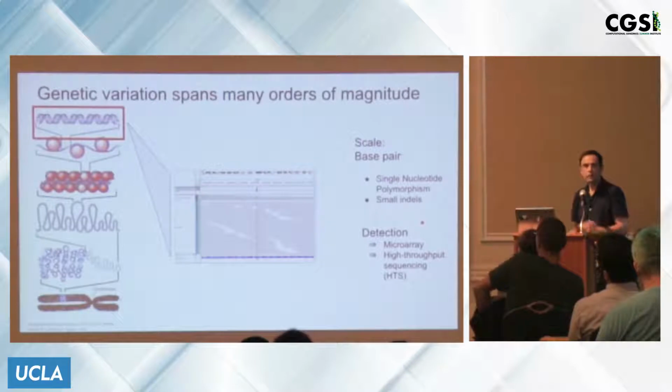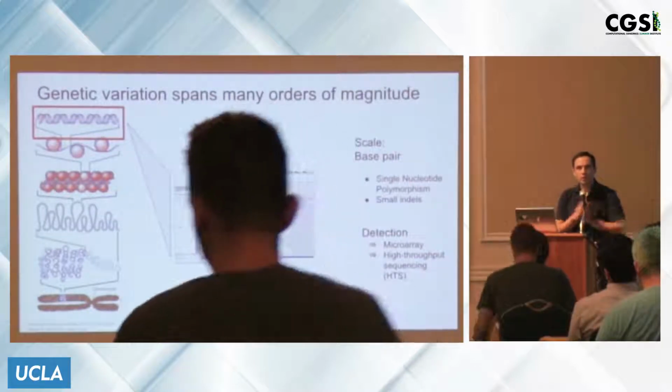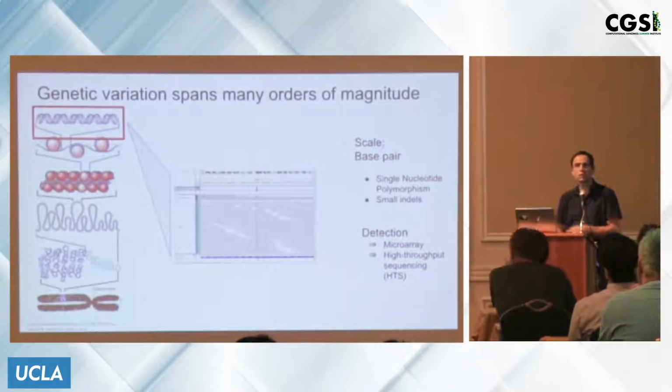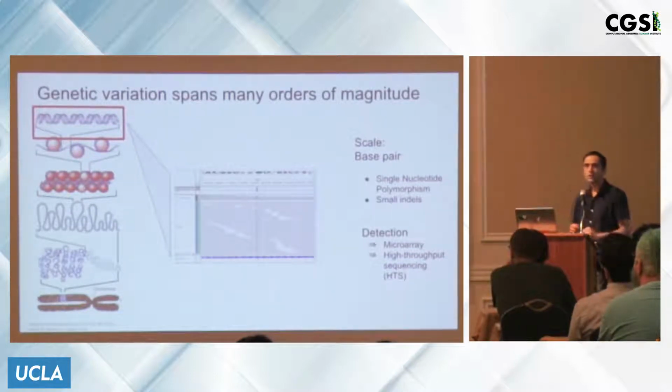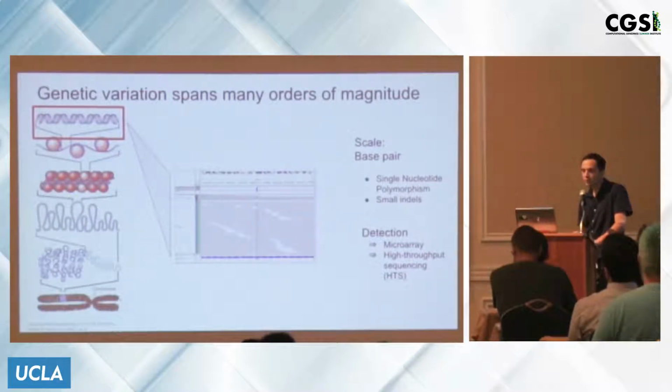And the variance that we'd like to detect when we're doing disease studies is essentially all variation. So there's a lot of studies that do, say, SNP association or looking for large-scale insertions and deletions, but what we'd like to have is profiles of every individual with every base pair of variation resolved.